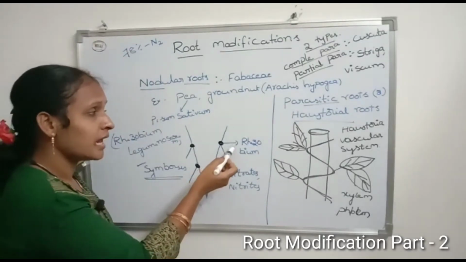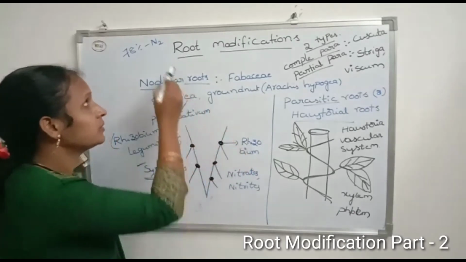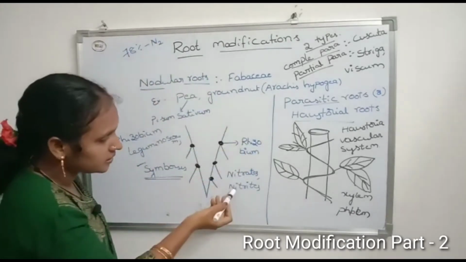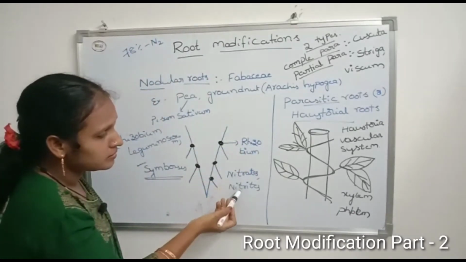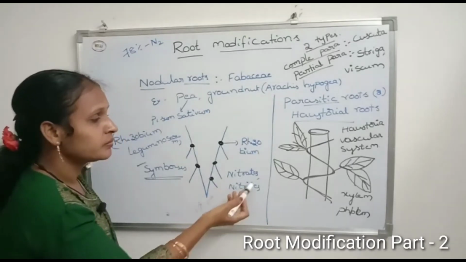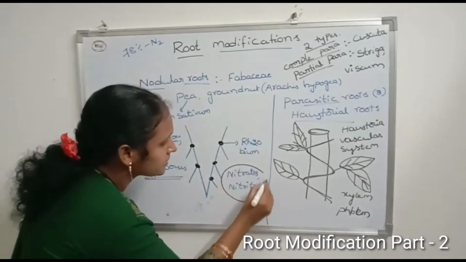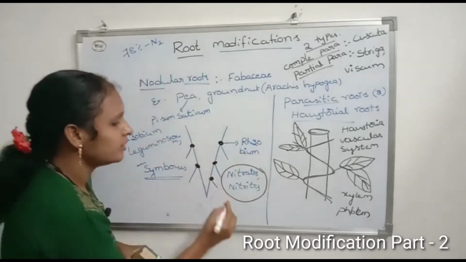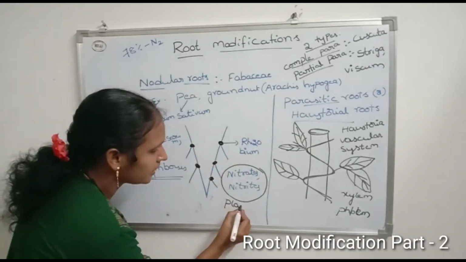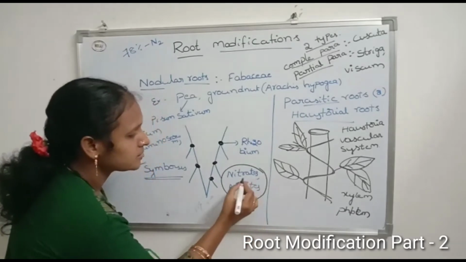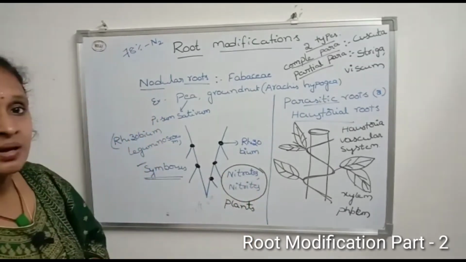So with the help of Rhizobium bacteria, atmospheric nitrogen is converted into nitrates or nitrites. This simple form of nitrates is absorbed by the plants.